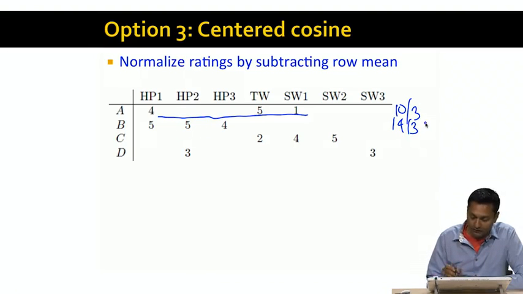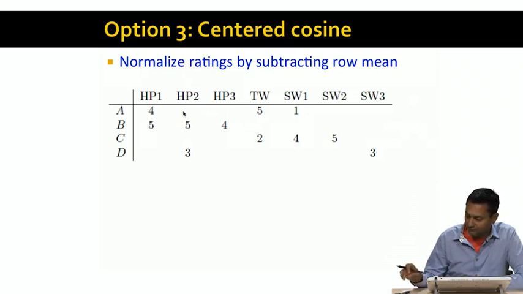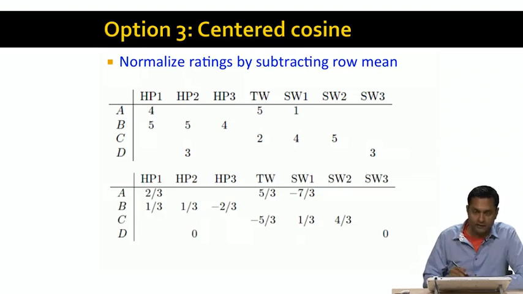What we're going to do is go through the row for user A and subtract the row mean, which is 10 over 3, from each of the ratings, except the blank ratings, which we're going to treat as zeros. When I do that, here's the modified rating matrix that we end up with.